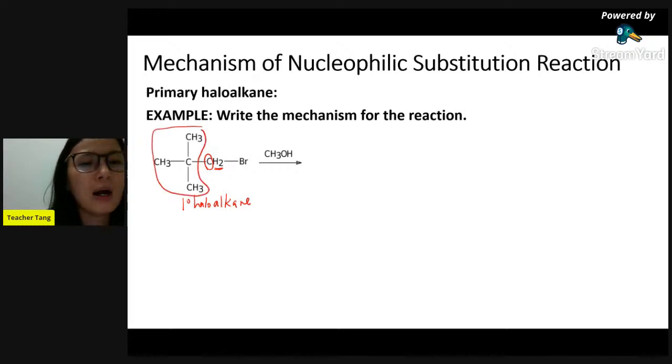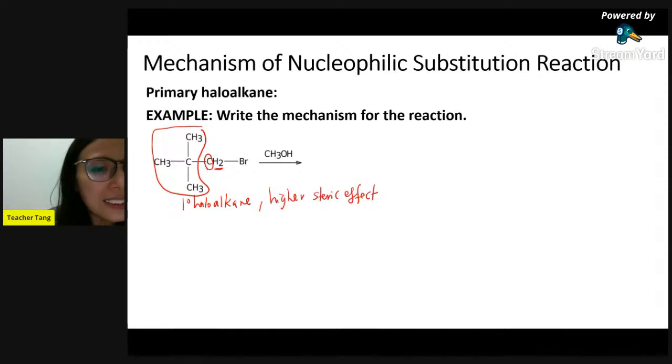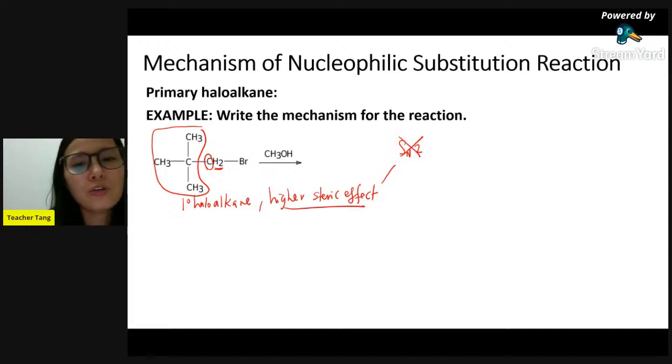But this primary haloalkane has high steric effect, so it won't proceed through SN2, because of the large alkyl group.